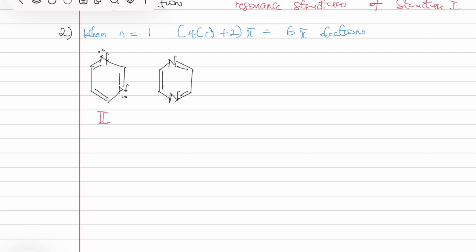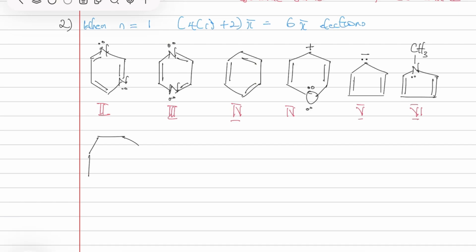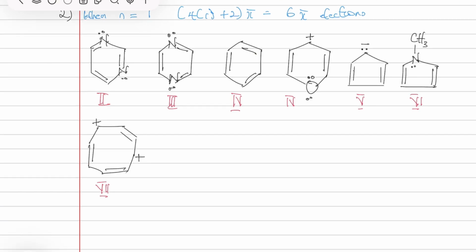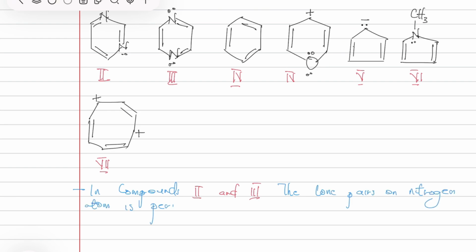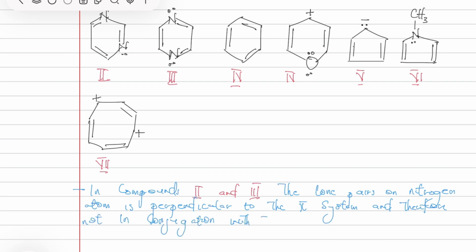Compounds 2 to compound 7 are examples of aromatic compounds containing 6 pi electrons. In compounds 2 and 3, the lone pair on the nitrogen atom is perpendicular to the pi system and therefore is not in conjugation with the double bonds.